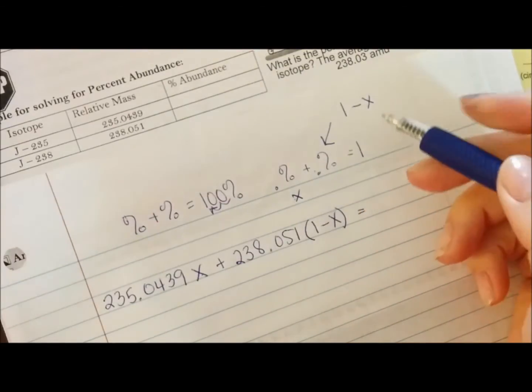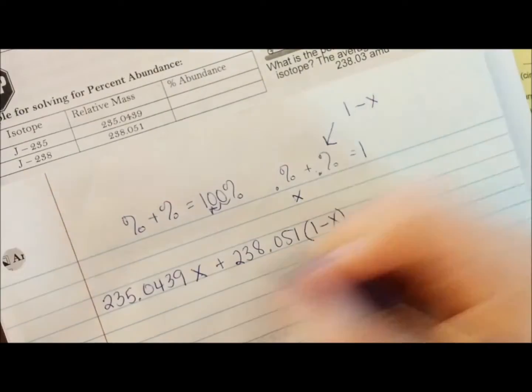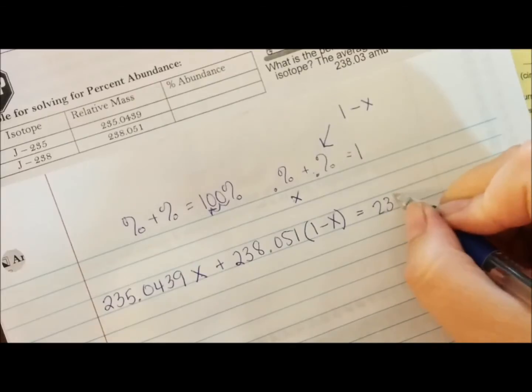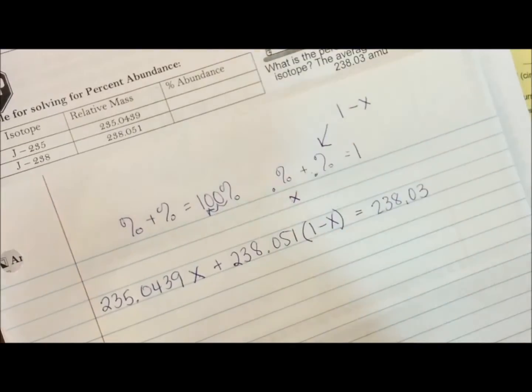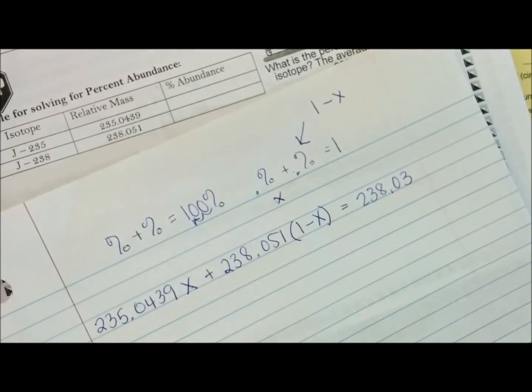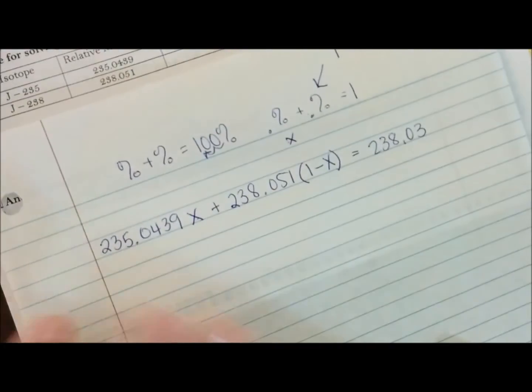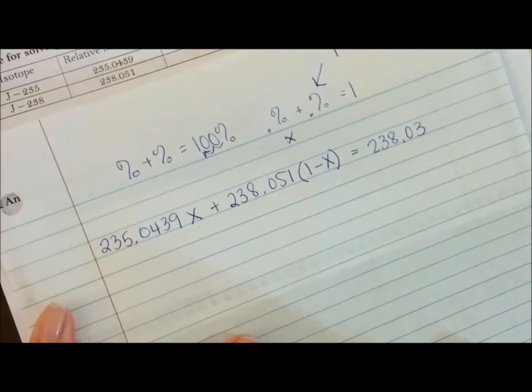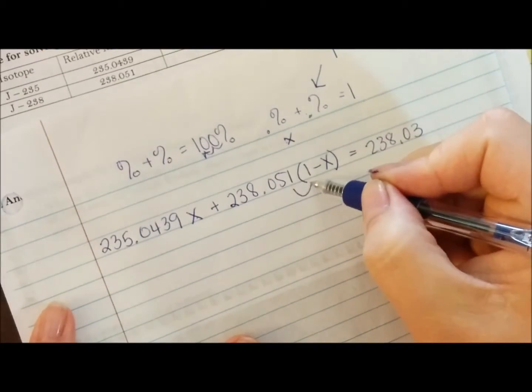And I know that the average atomic mass of all of these added together is going to equal this, because that's what they told me. So at this point, it is a little bit trickier than what we've been doing, but you're just going to distribute this.